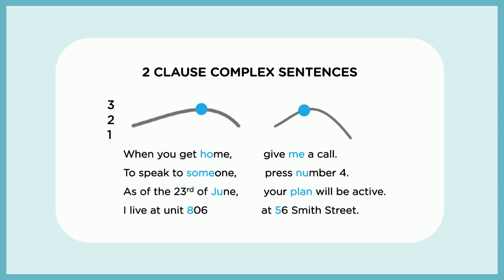When you get home, give me a call. To speak to someone, press number 4. As of the 23rd of June, your plan will be active. I live at Unit 806 at 56 Smith Street. So on all of those little syllables that were blue, they were the highest part of my voice. Right. Okay.